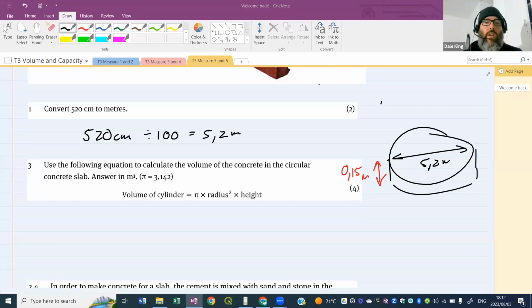Tando, we're going to use this formula here for volume of a cylinder. Pi times radius squared times height. So they say use this formula for volume of a cylinder. All right, there it is there on the screen. All right, Pumlele's already got an answer out.